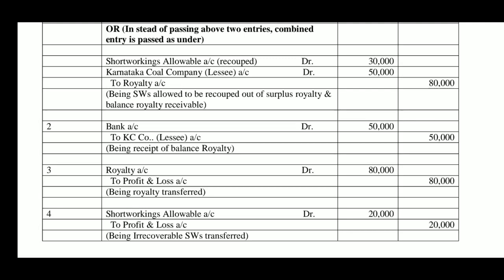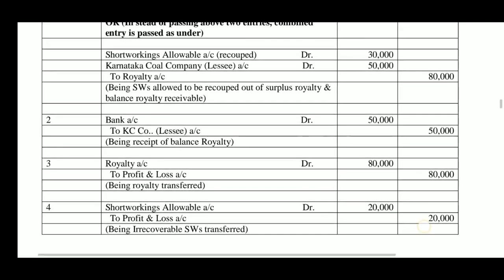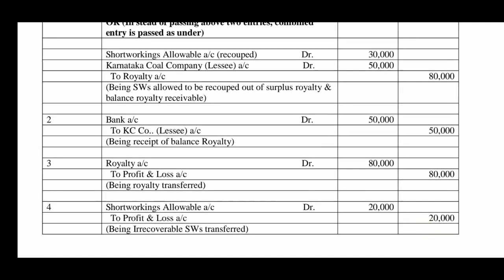Here, being gain, the lessor will credit profit and loss account. Short workings allowable account debtor to profit and loss account 20,000 rupees, being irrecoverable short workings transferred. In this way, the lessor will pass the journal entries for all the years given in the problem.